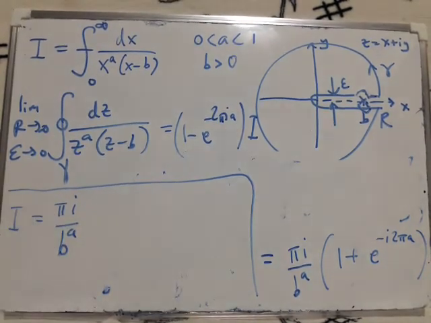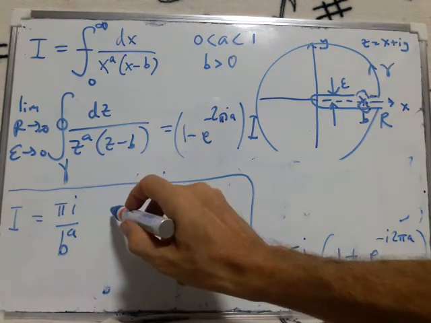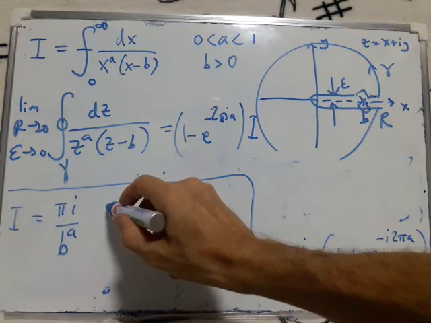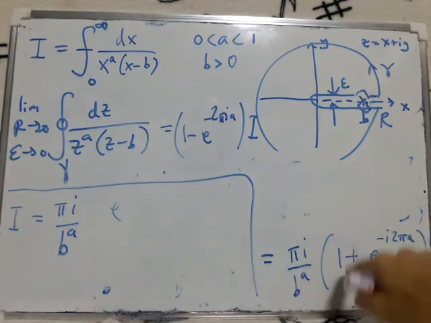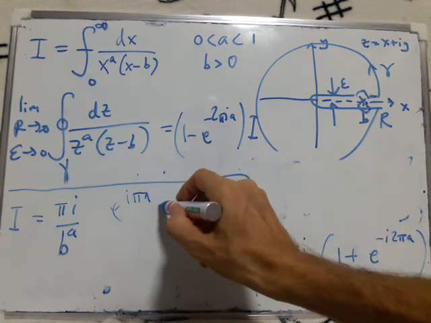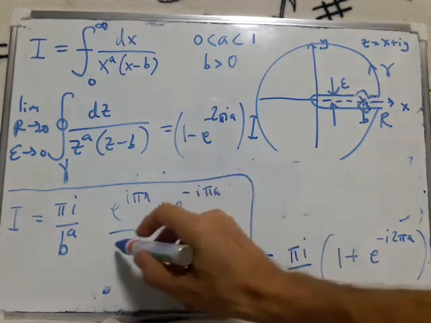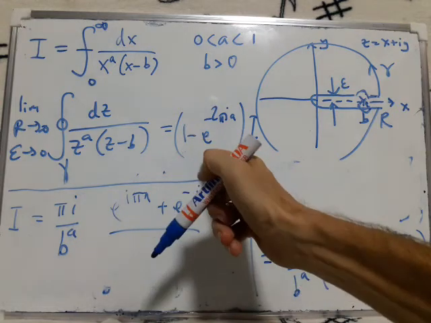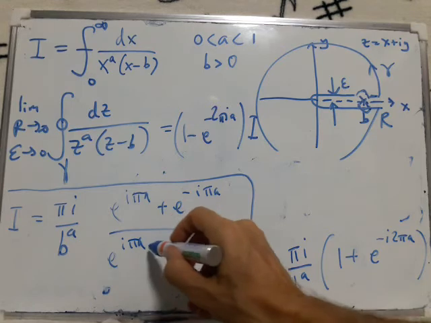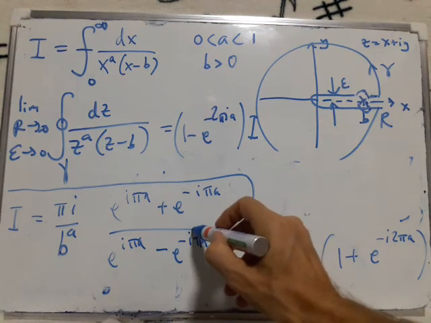e to the a. Then if I multiply top and bottom by e to the i pi a, so on the top this will give me e to the i pi a plus e to the minus i pi a, and on the bottom, dividing by this, I'll get e to the i pi a minus e to the minus i pi a.